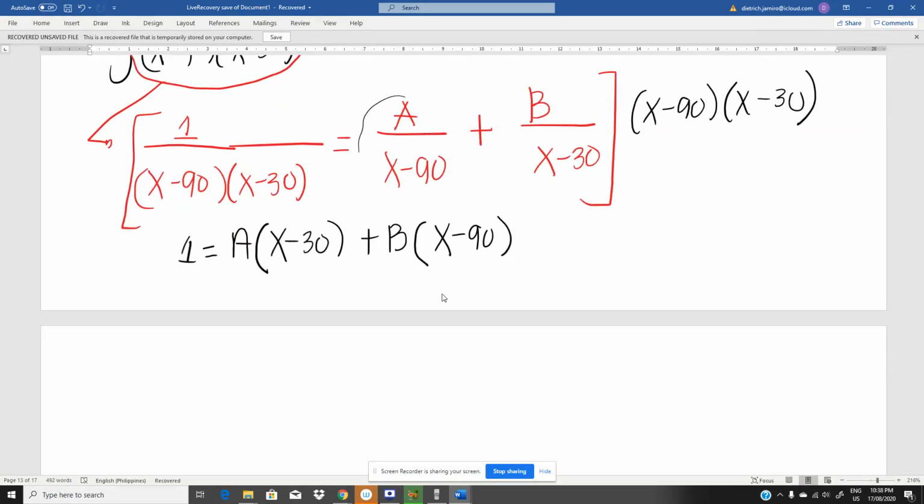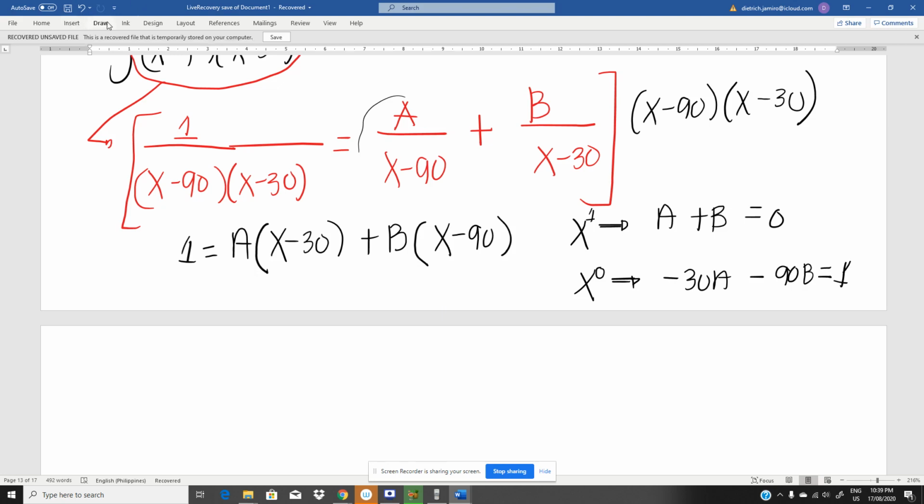So as you can see, for x raised to first degree, we will have A plus B is equal to 0. For numbers, so x raised to 0, we will have negative 30A minus 90B is equal to 1.